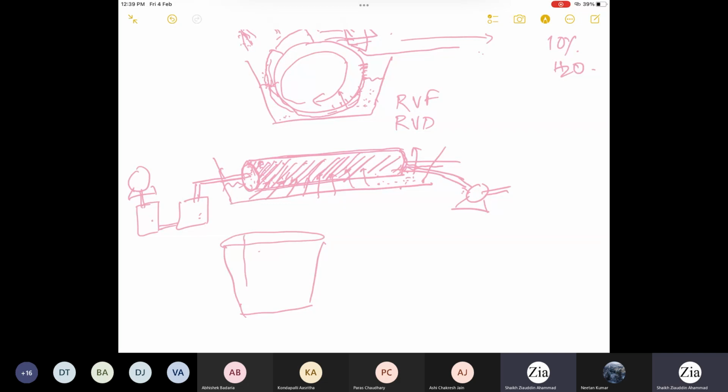A basket type centrifuge is a simple design where again you have a cylindrical basket inside a tank, and this basket will be rotated at a particular speed, and you will introduce the liquid inside the basket.